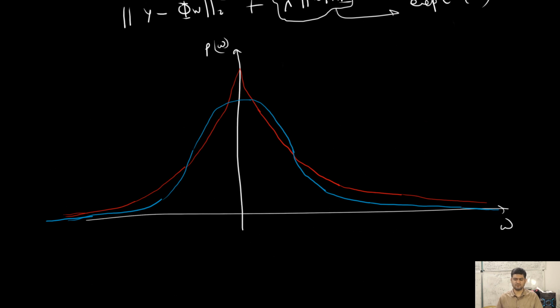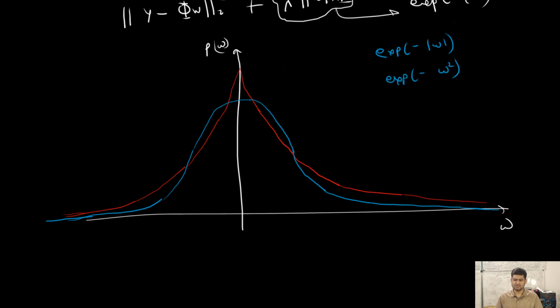So as you can see from the plot, the Laplacian distribution has a much larger tail as compared to a Gaussian distribution. This is because in Laplacian we have exp of negative of absolute value of w, and in Gaussian we have exp of negative of w squared.